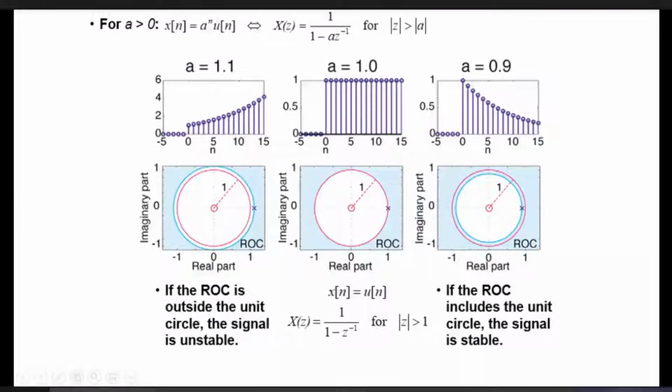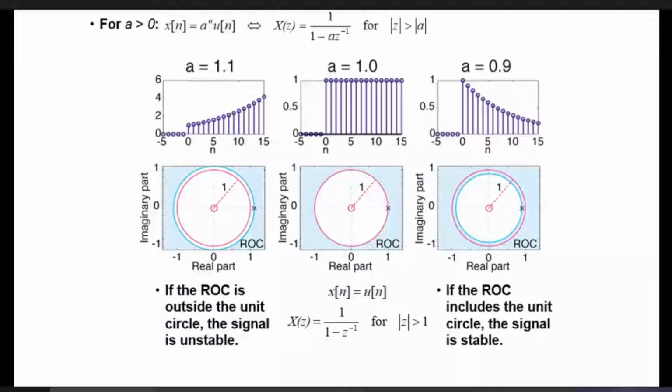So for stability, what is the criterion? The first thing is that if ROC includes the unit circle, then it is stable.